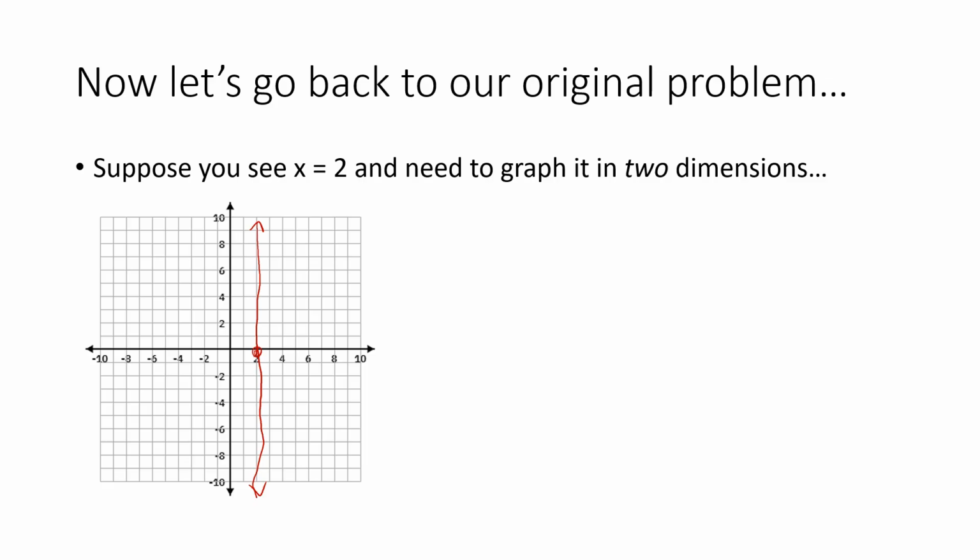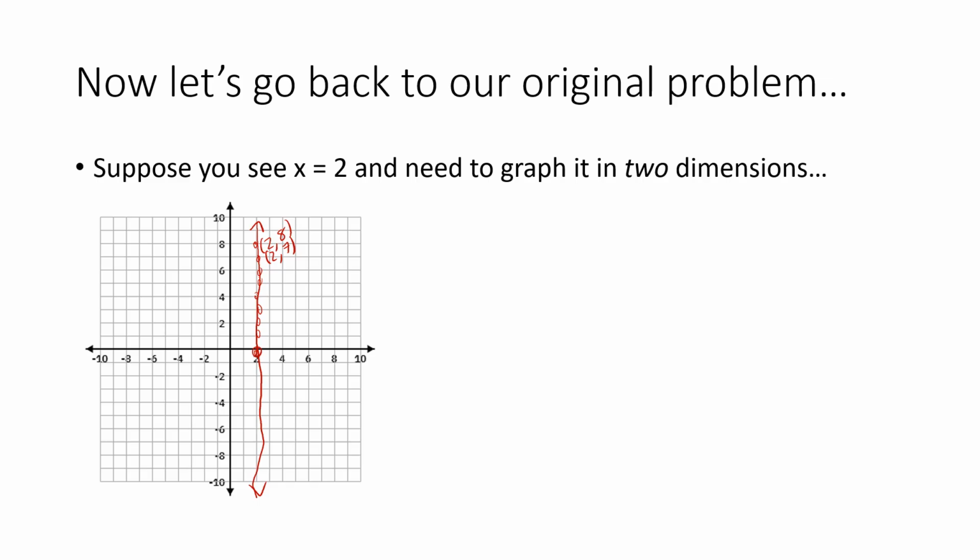Now, what we're doing there is we're actually finding all of the points where x is equal to 2. Okay, so if we were to look at the coordinates, all of those points have an x coordinate of 2. So this point up here would be the point (2, 8). This point here is (2, 7).